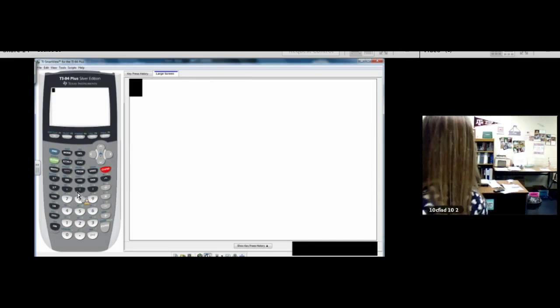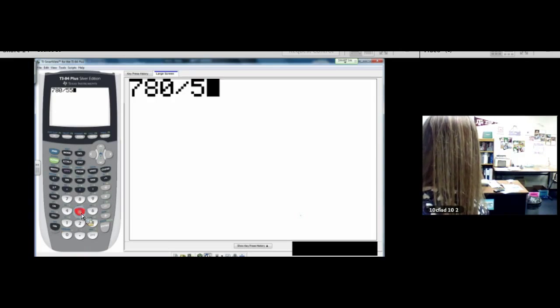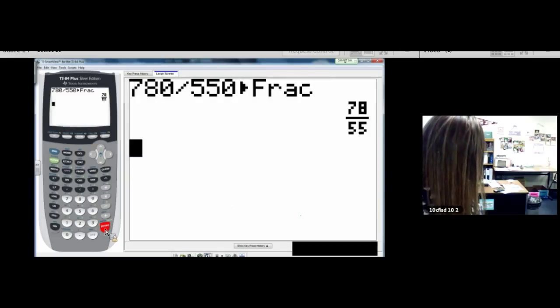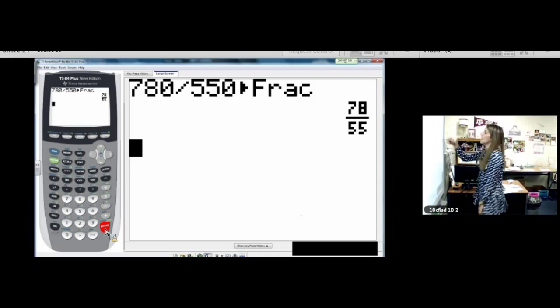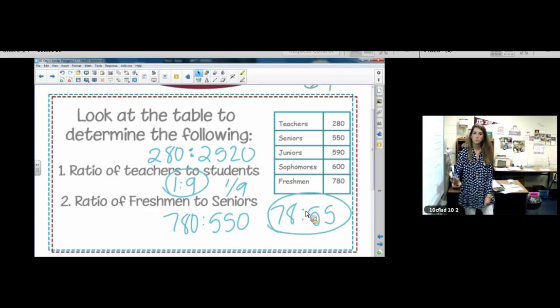Let's see what it looks like here. 780 divided by 550. Math, enter. Cool. 78 to 55. The calculator says you can write it like we talked about as a fraction or with a colon in between. Cool.